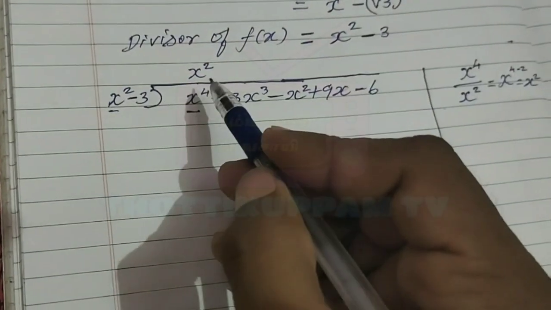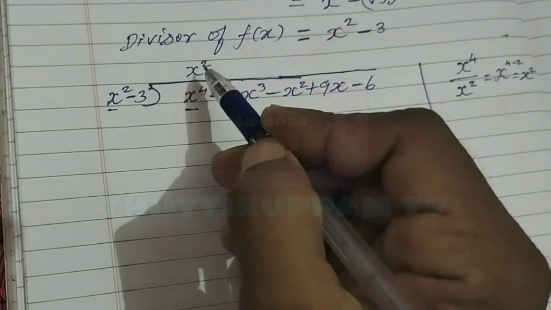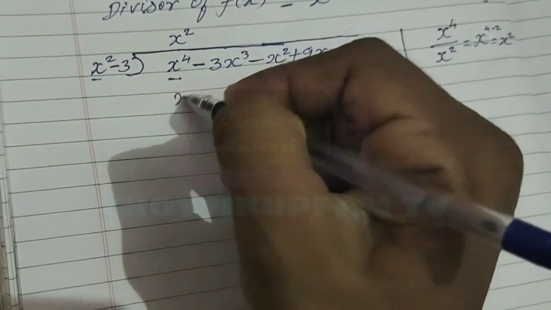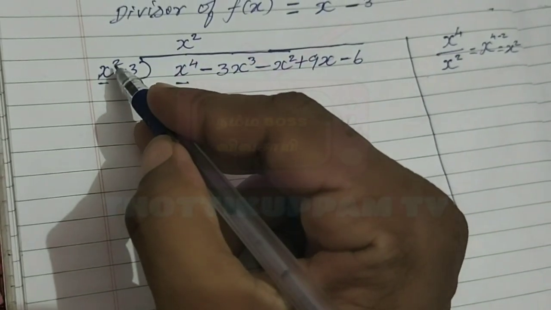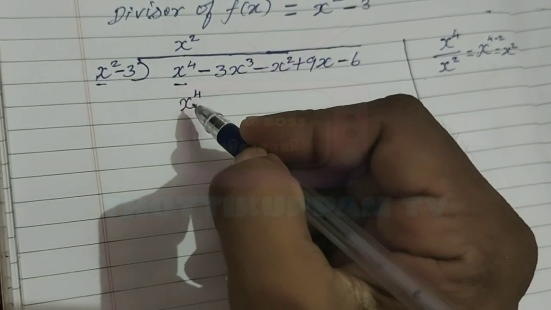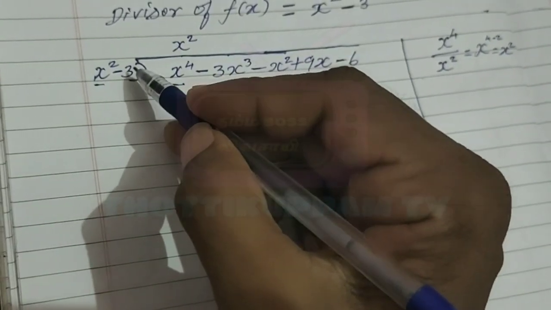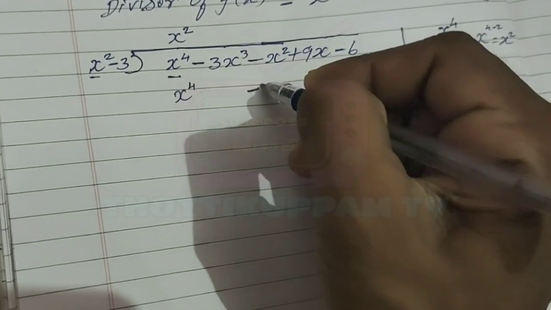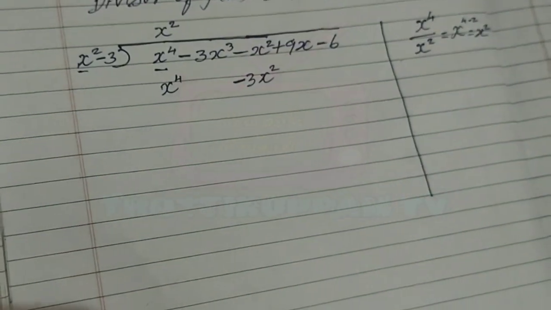Okay, x square I written. Now I am going to multiply with this quotient: x square into x square, x power 4. x square into x square, x power 4 I have written. x square into minus 3, minus 3x square I have written, students.